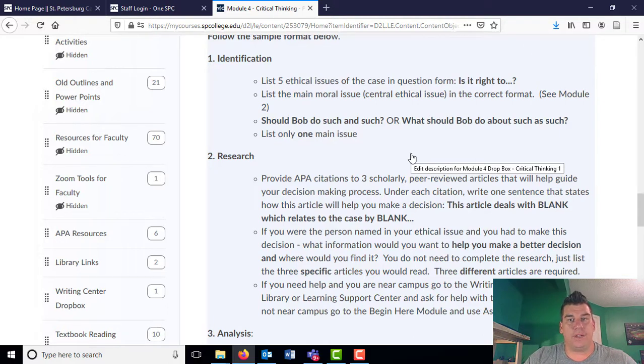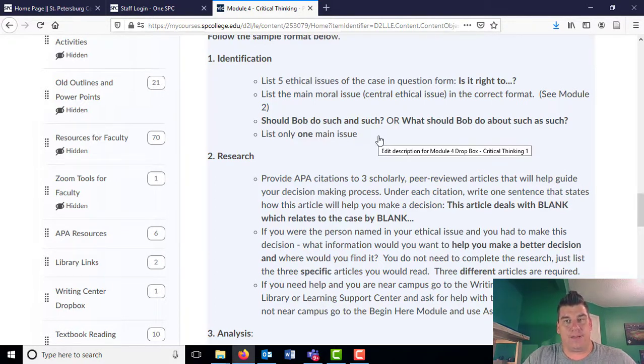Is it right to interfere in somebody else's relationship with bad information? 5 questions like that. After those 5 questions, you're going to ask this big "should" question, kind of like we did in the ethical issues assignment. What we're looking for is that main ethical issue, that central ethical issue, if you will, of what should be done.